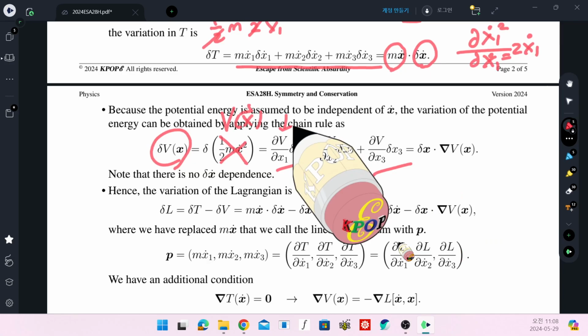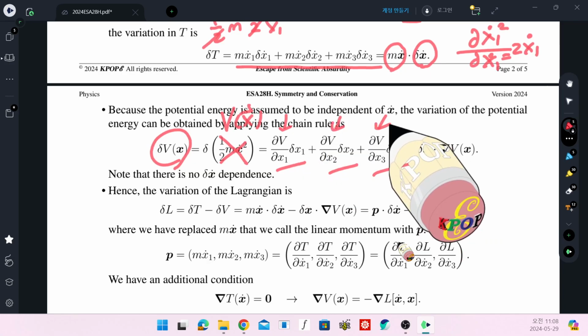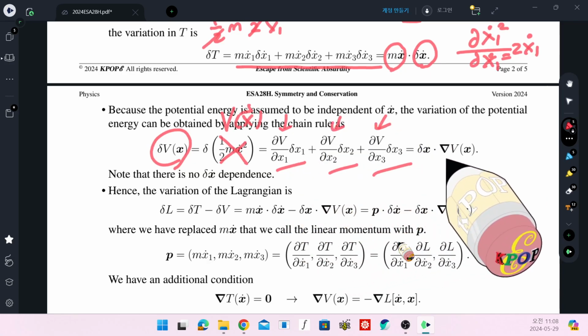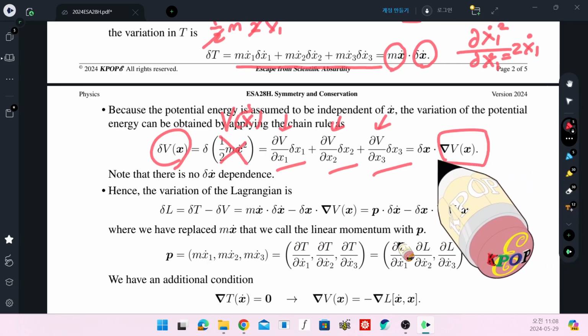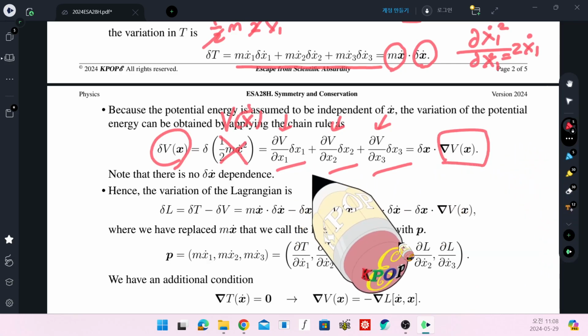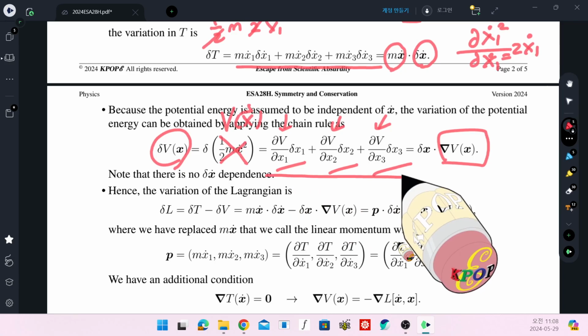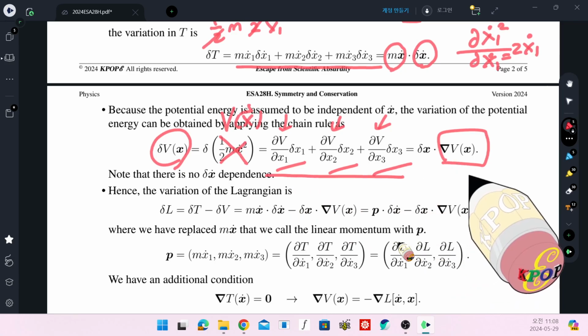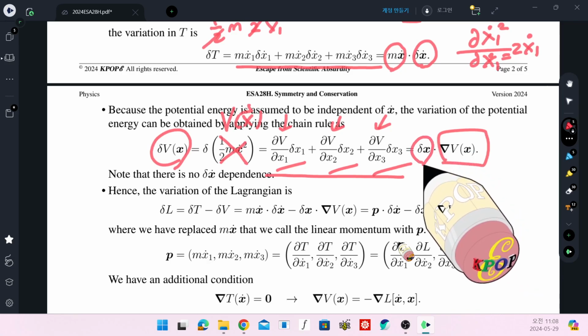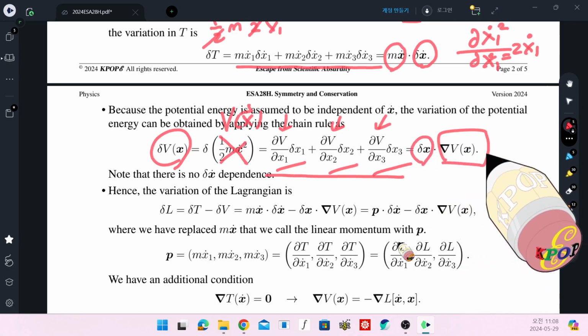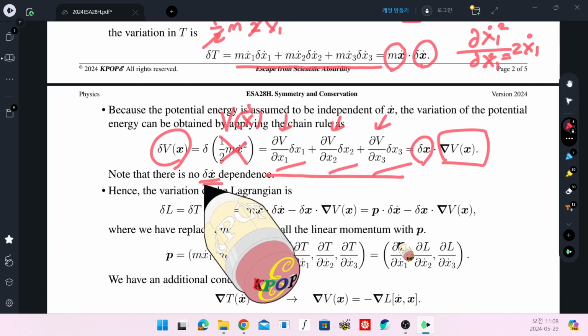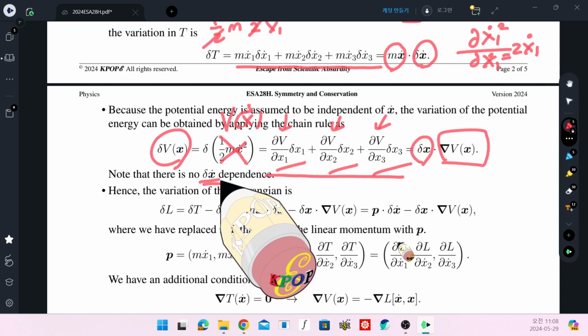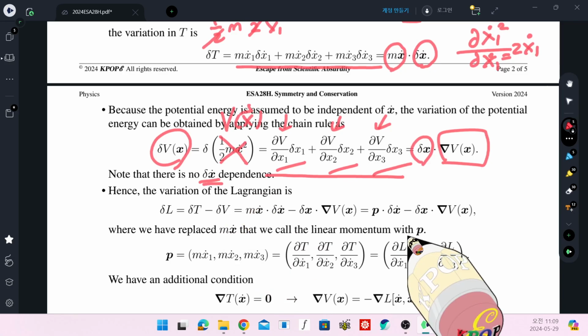We know they are the Cartesian components of the gradient of the potential energy, and finally, this expression can be expressed as the scalar product of the variation vector and the gradient of the potential energy. We notice that the velocity-dependent term does not appear in this expression.